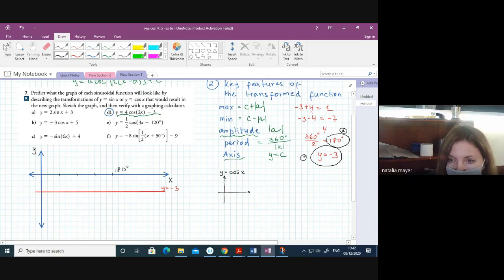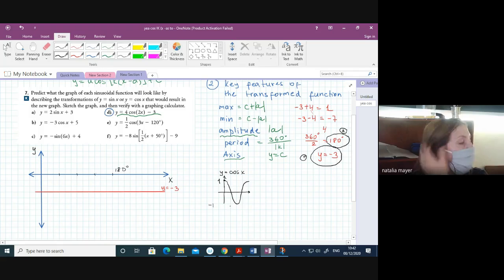Miss, I don't understand what's the line y equals -3. Just a second. So this is 1. This is the maximum for cosine, and this is -1. So we know that cosine starts at maximum, goes down to minimum, and then it returns back to maximum. So this is how the parent function looks like.